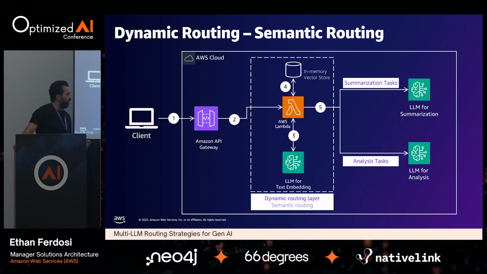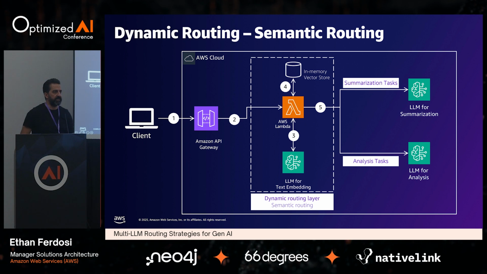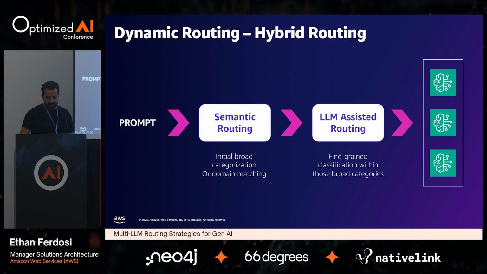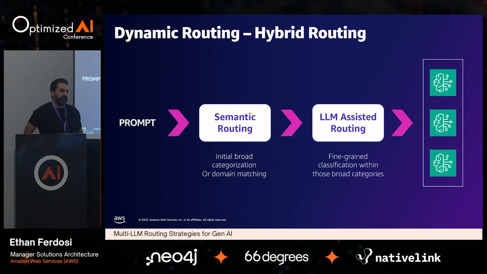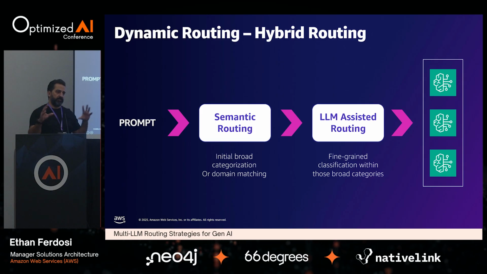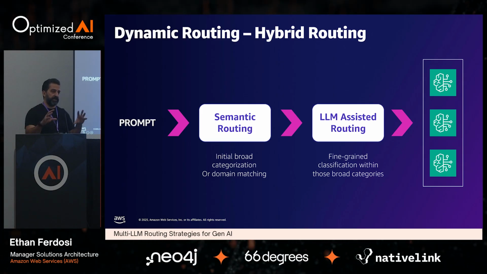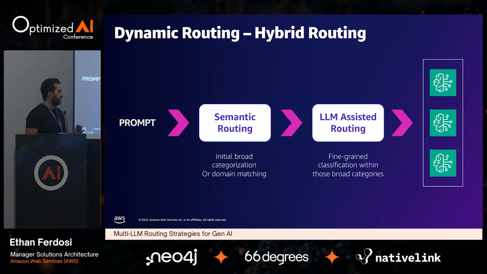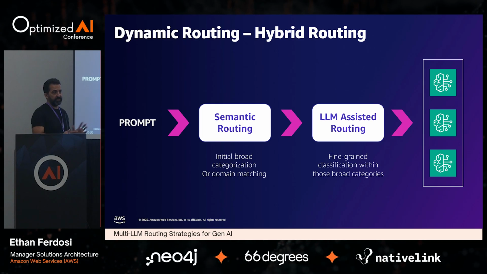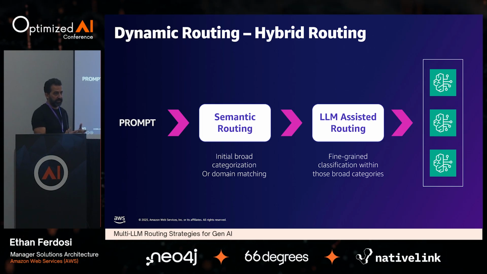And what I've seen most of the teams that I'm working with doing is taking a hybrid approach. By that, it means they use a combined version of these routing algorithms. When the prompt comes in, they first route it to an LLM for classification, for the semantic search.